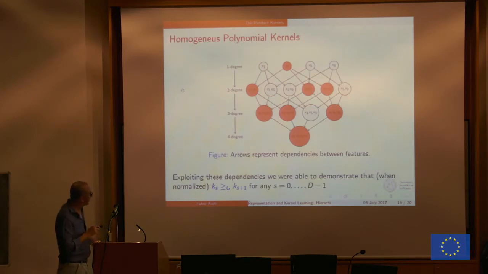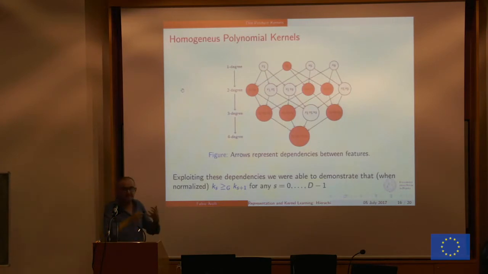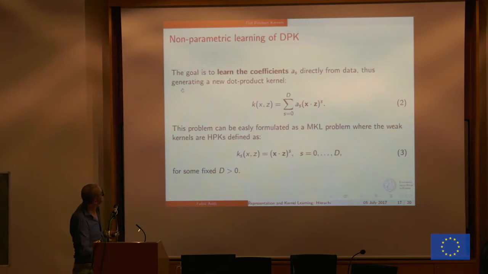We can demonstrate that if you use S plus 1 instead of S, you get a more specific kernel. I mean, if you increase the degree, you lose in generality, so you get even more complex kernels.